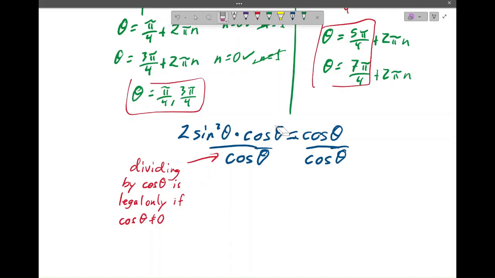So all we have to really do is check, well, was it a solution in the first place? So I have to check if cosine of theta equals 0 gives solutions in the first place. It could be multiple. Hopefully it's pretty clear at this point.